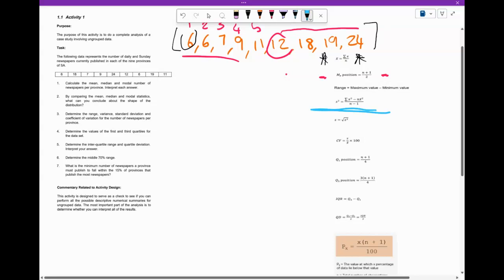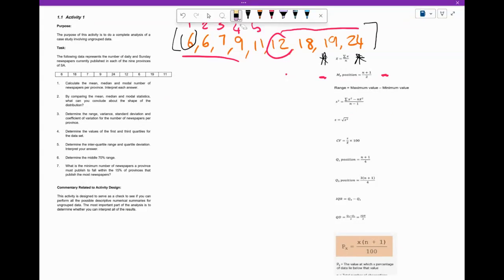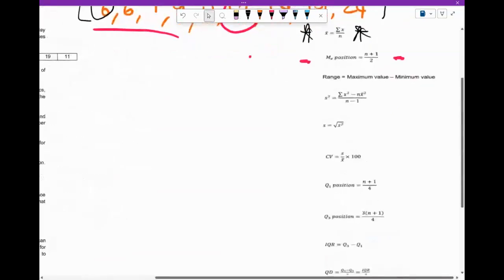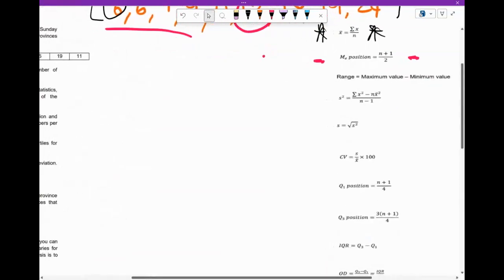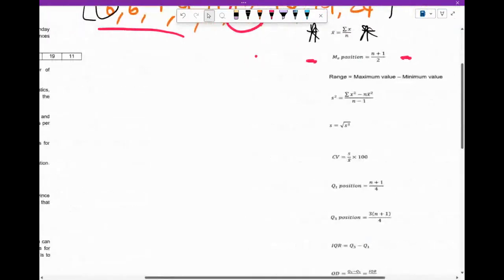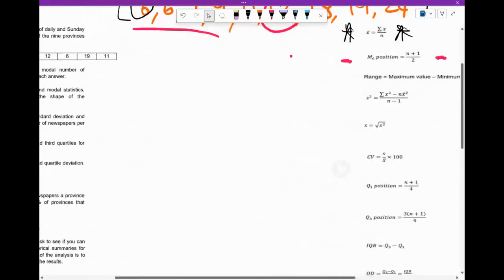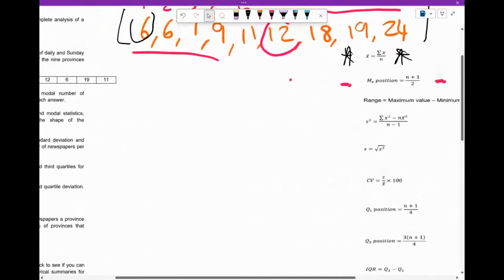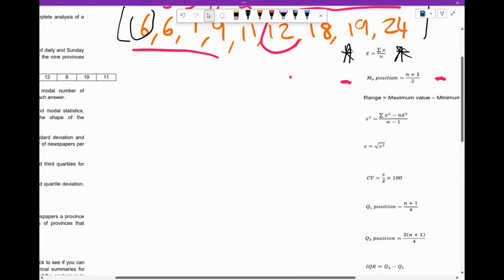Okay, so variance, s squared is your formula for variance. I'm not going to rewrite it. Might as well just zoom in there quickly. So it's saying the sum of x squared minus n times the mean squared, divided by n minus 1.